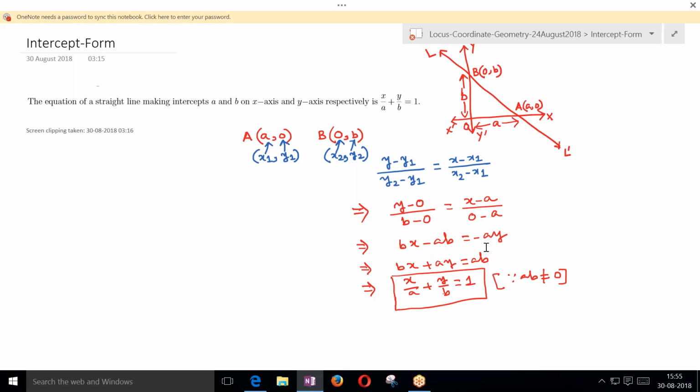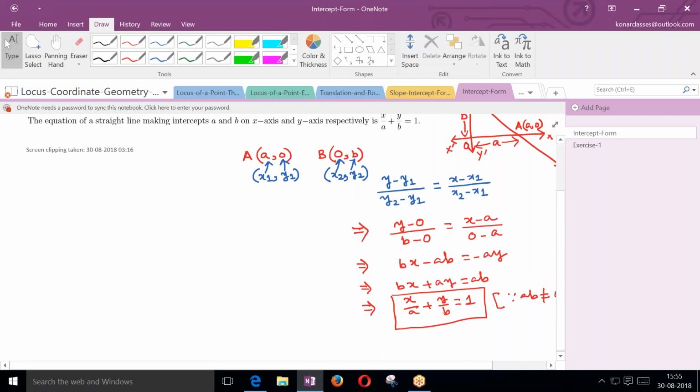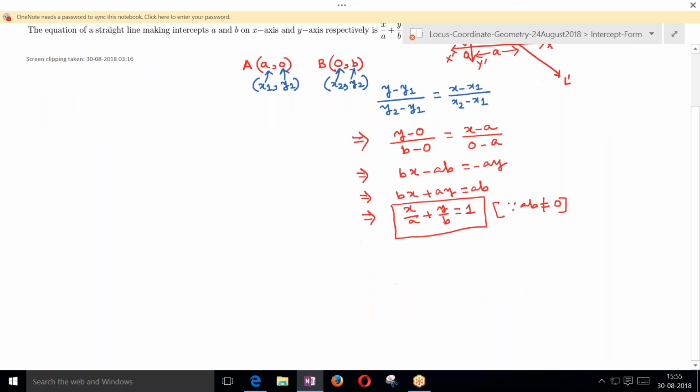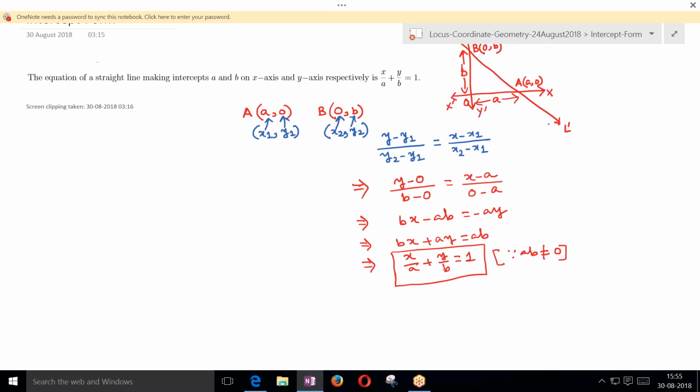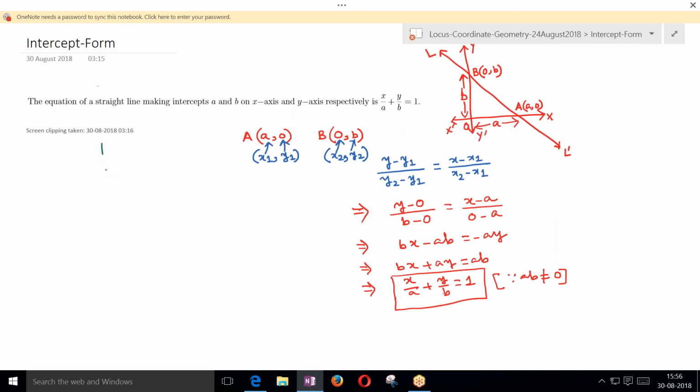Now here I would like to mention a fundamental point that you need to remember depending on the question. Suppose this is the coordinate axis. This is x in the positive direction, x in the negative direction, y in the positive direction, y in the negative direction.